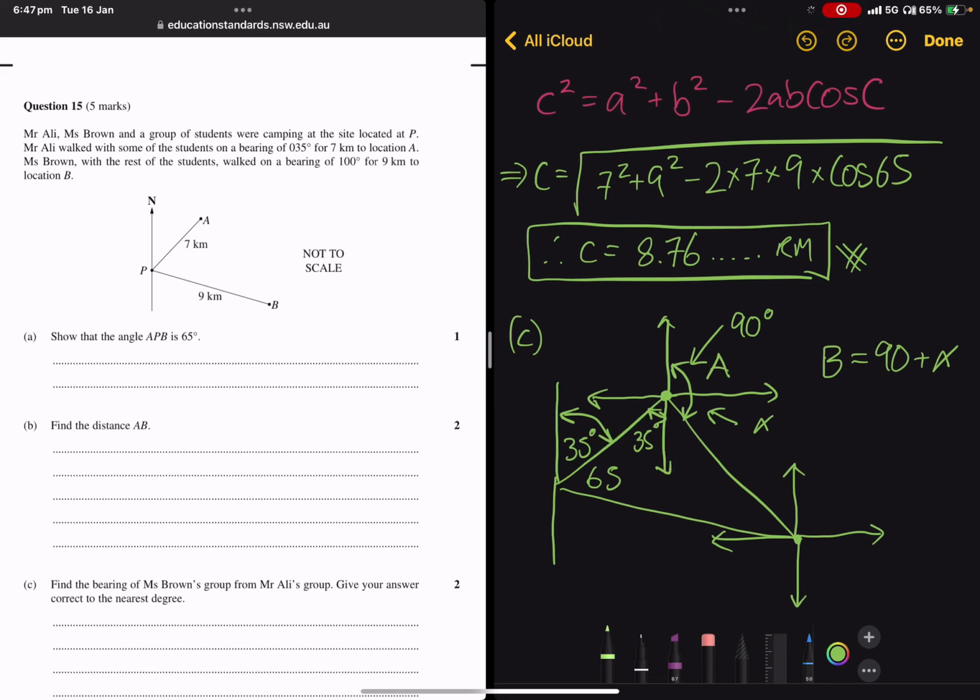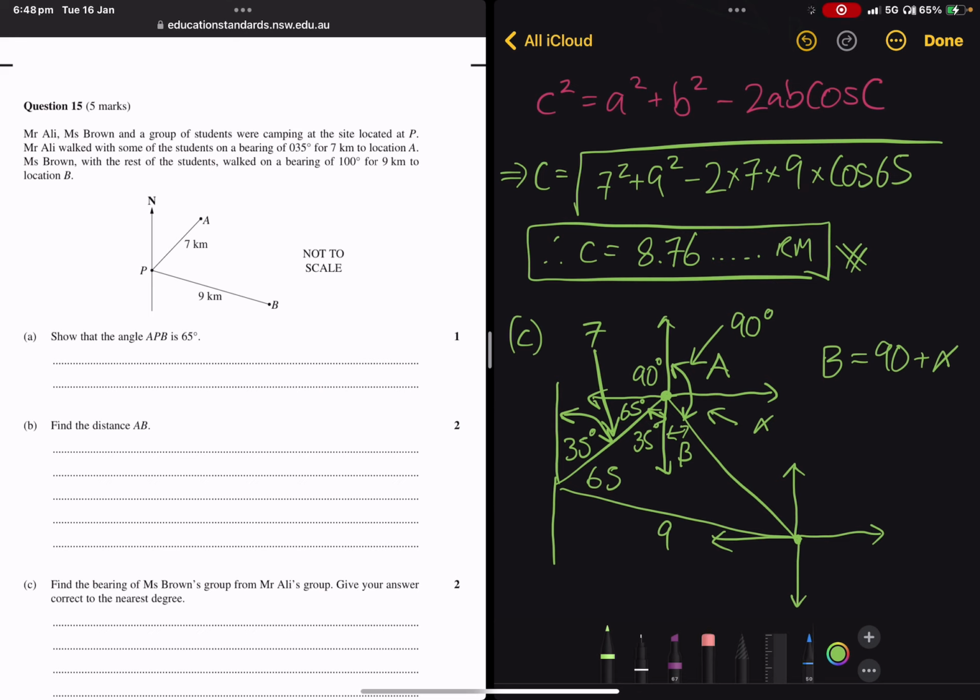We know this is 90. We know this must be 65. And we don't know what this angle is. We can call this beta. But we do know this distance is 9, and this distance here is 7. So this diagram looks a little complicated, but this is all of the information that we have, and this is what we can use to find that alpha value, in order to find our bearing.